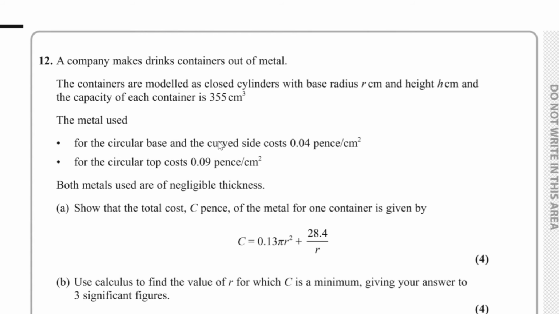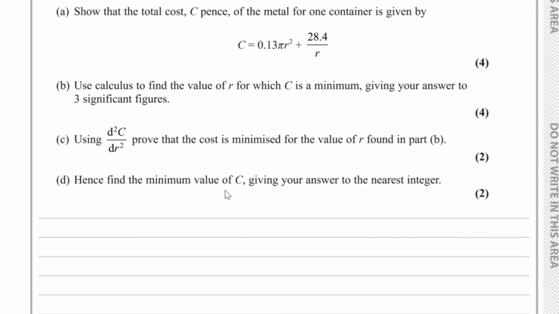Now, how would we find the volume of a cylindrical container? Well, the volume will be given by pi multiplied by radius squared multiplied by h.